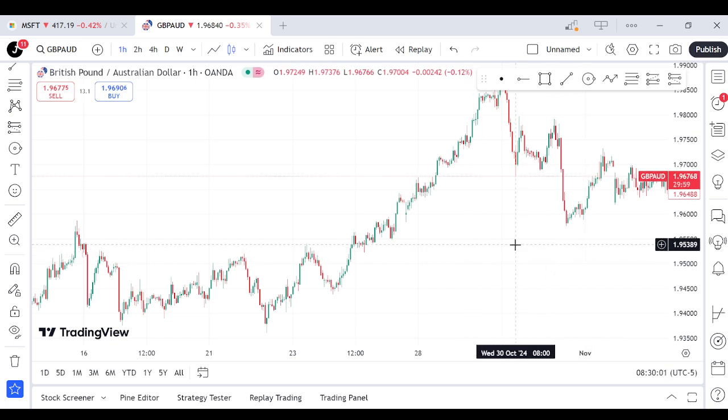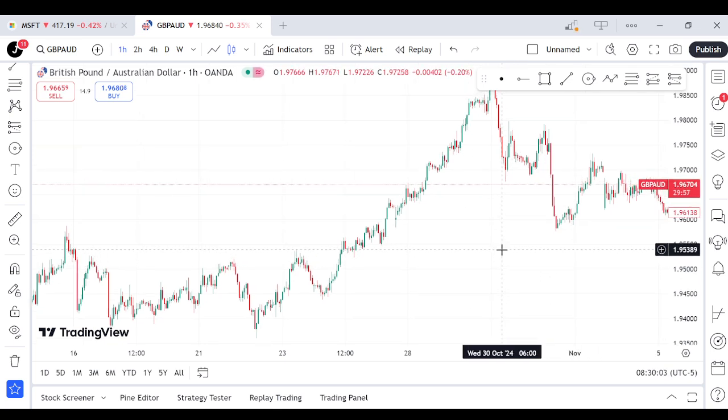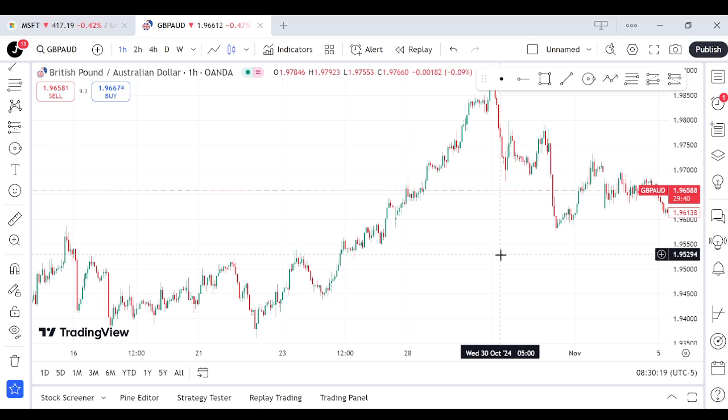So I'll start with the strategy overview. The moving average and MACD strategy is a powerful trend following system that combines two of the most widely used technical indicators in Forex trading. So we're talking about the simple moving averages or the exponential moving averages and the moving average convergence divergence.